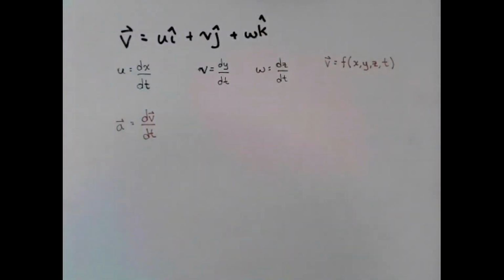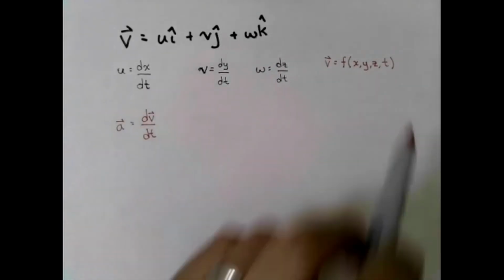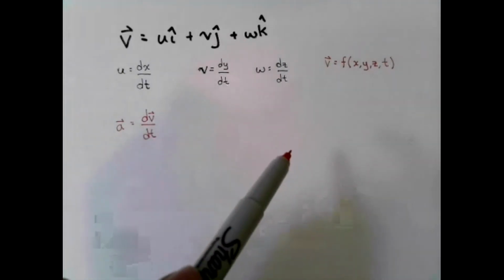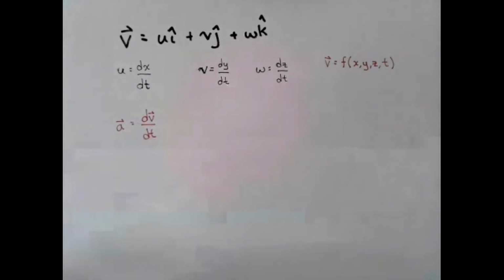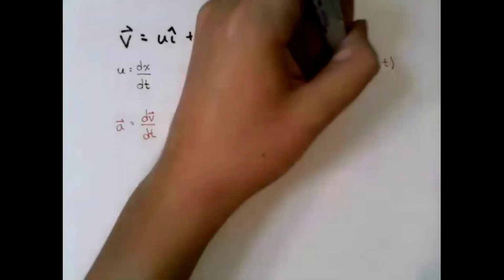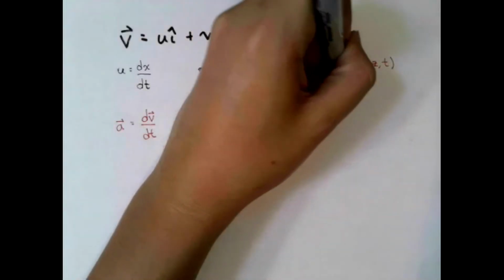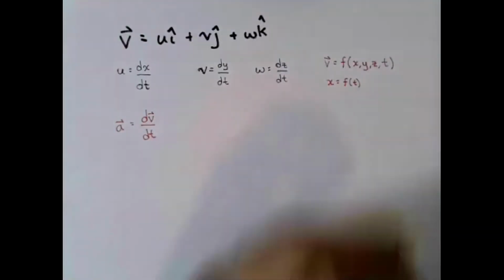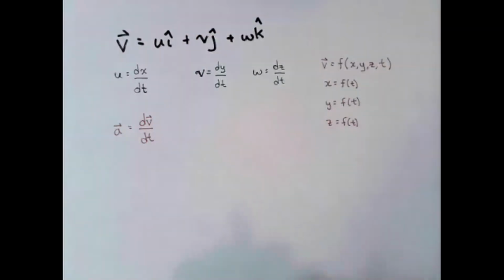But when we're looking at a fluid particle moving in space, the location of that particle is also a function of time. Which means that my x-coordinate of the fluid will be a function of time. My y-coordinate will be a function of time. And my z-coordinate will be a function of time.